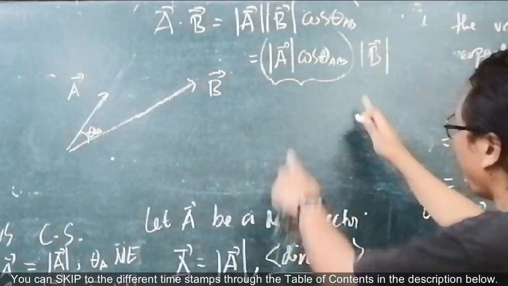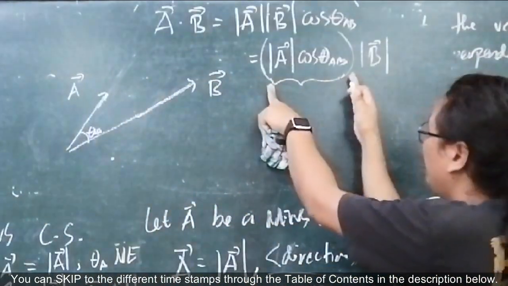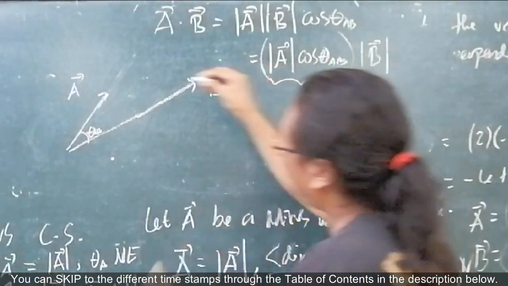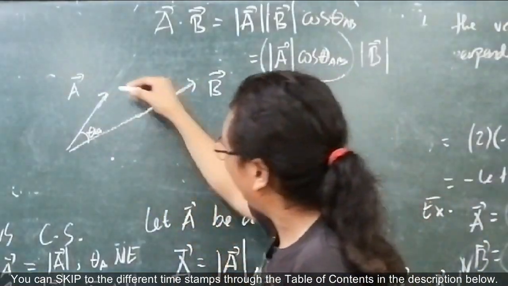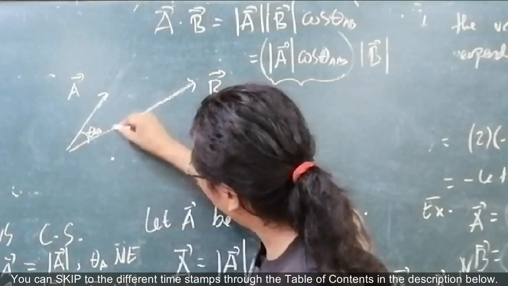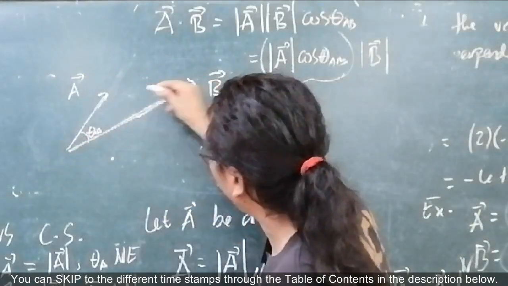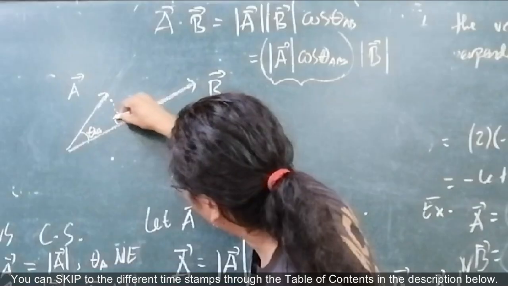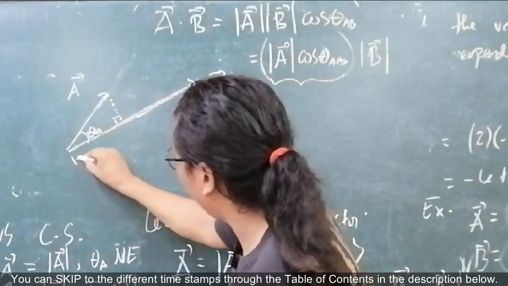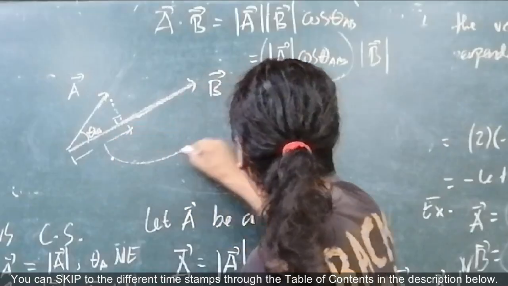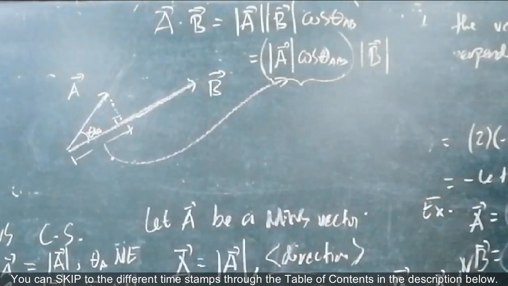So A cosine of theta AB is that length here. Imagine a right triangle, imagine this right triangle here. This length is given by that. That's A cosine theta AB.